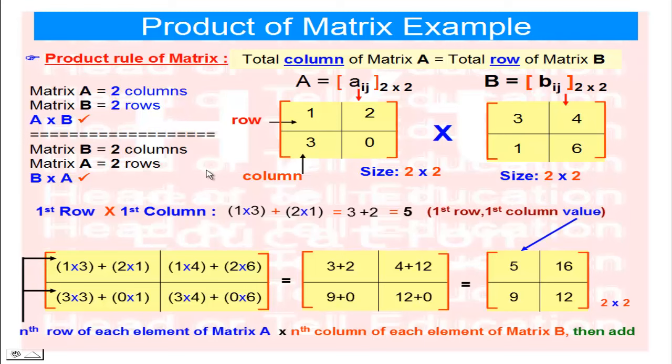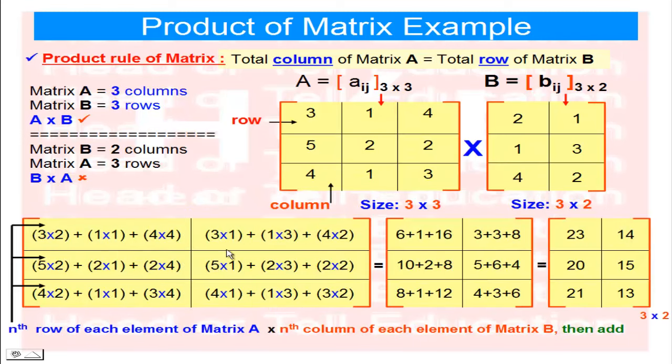Now check one more example. In this example we have matrix A, the first matrix, with size 3 by 3, meaning 3 rows and 3 columns. The second matrix B is 3 by 2, meaning 3 rows and 2 columns.